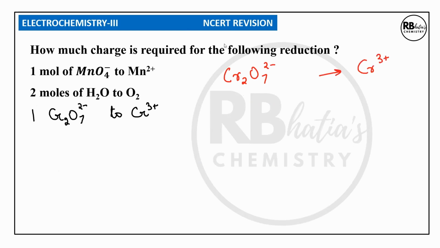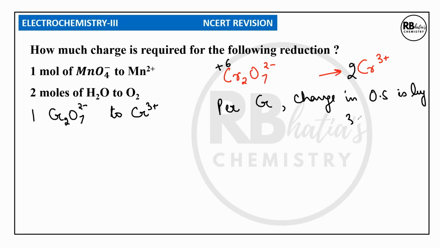Now each chromium here is plus 6. Here each chromium is 3 plus. So per chromium, the change in oxidation state is by 3 units, plus 6 to plus 3.